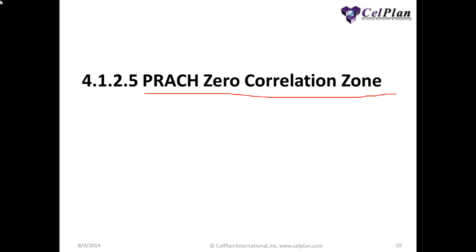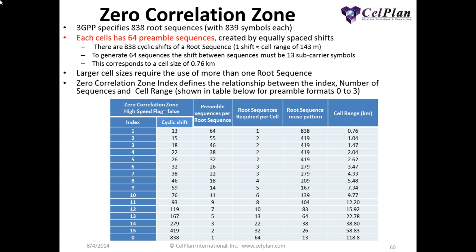The next parameter that we need to know, what is the PRACH correlation zone? And this correlation zone is informed by an index. So it's a number from 0 to 15. And basically what it means is that this number is related to a cell range.